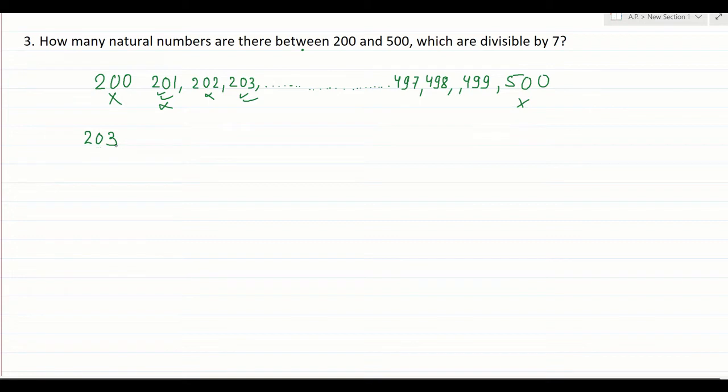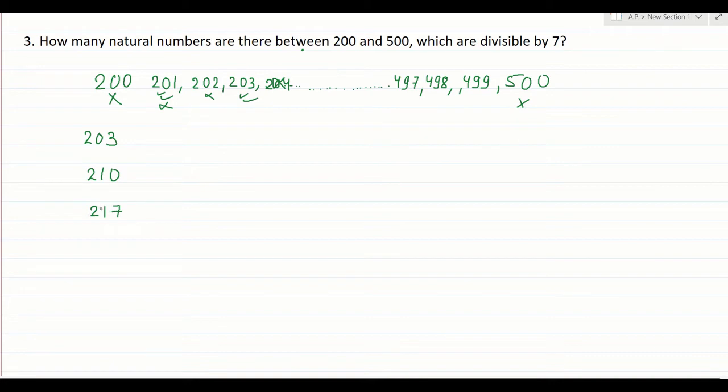So what is the next number after 203 which is divisible by 7? Is it 204? No. So if you keep on calculating, you will find that the next number which is divisible by 7 is 210. Is this clear? Now what is the next number which is divisible by 7? It is 217.